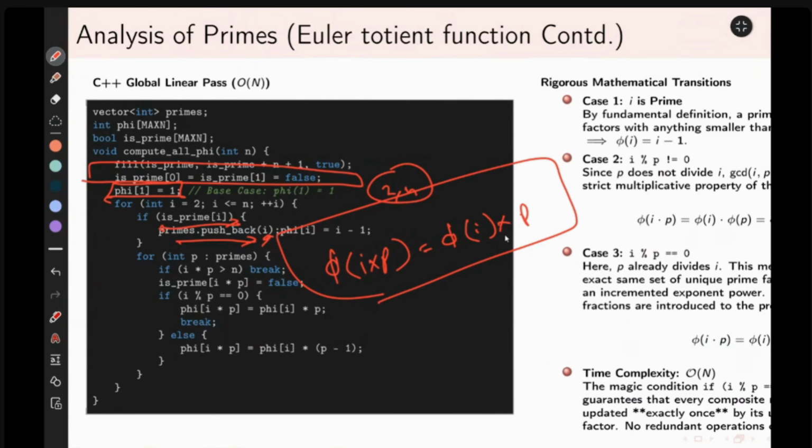Else, if the GCD is not 1, then we can write it as this.